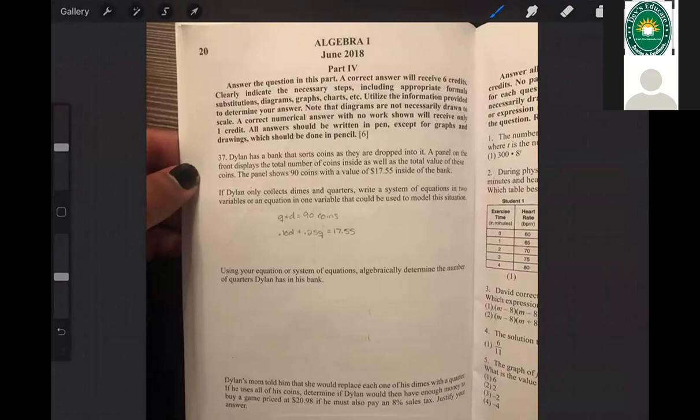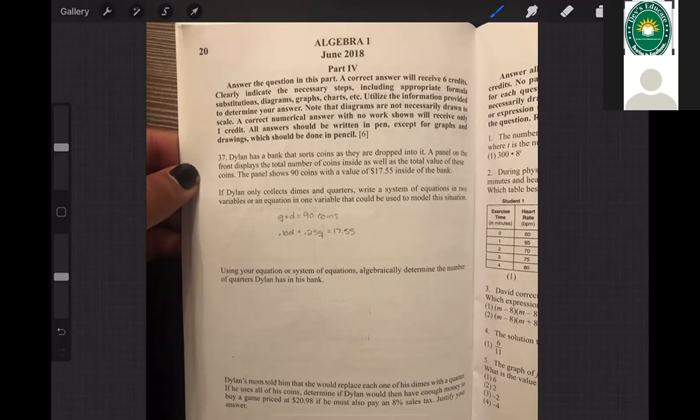It has a bank that sorts coins as they are brought into it. A panel on the front displays the total number of coins inside as well as the total value of the coins. So 90 coins we have earlier. Okay?